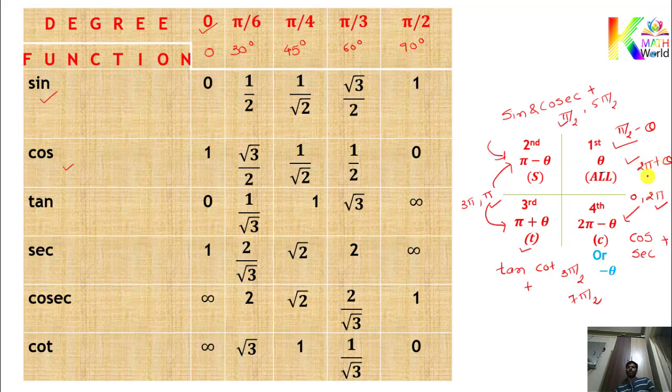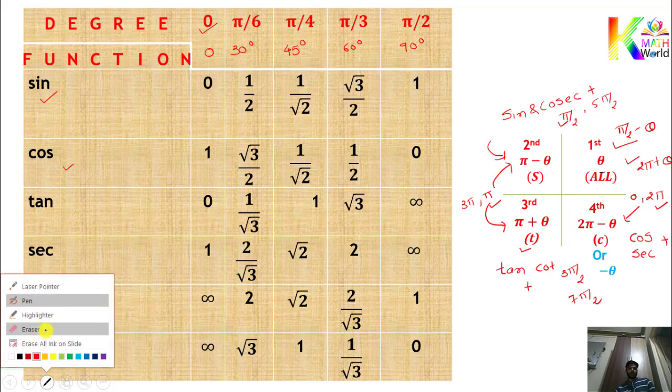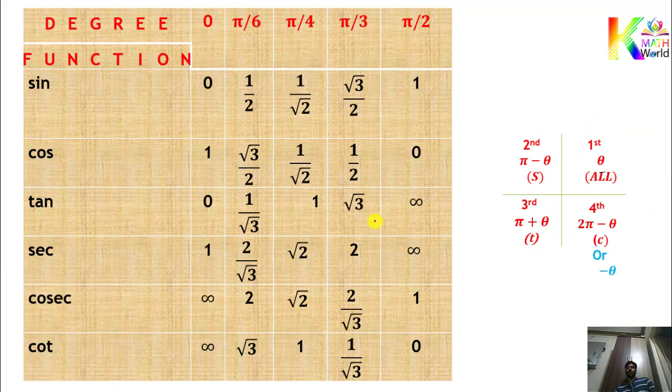Whatever is useful we discuss only, the rest we will not discuss. This is the thing which is useful. This is the anti-clockwise direction, while this is the clockwise direction.